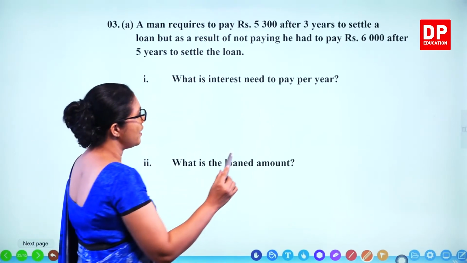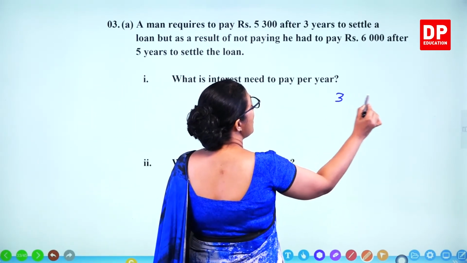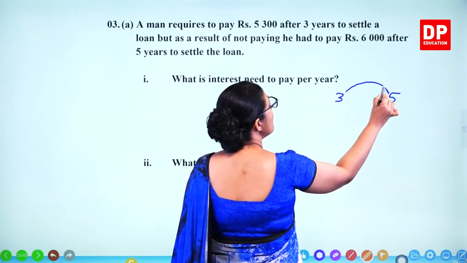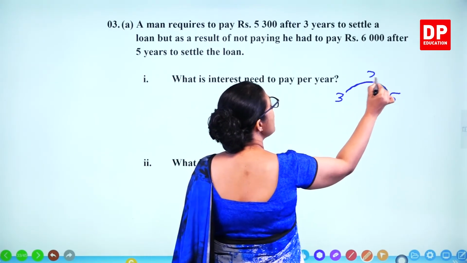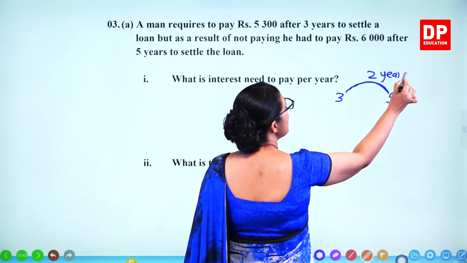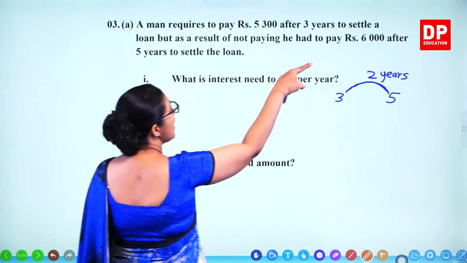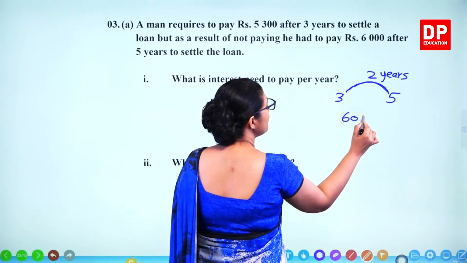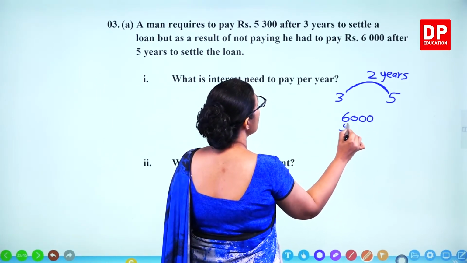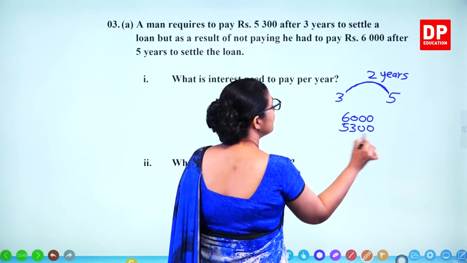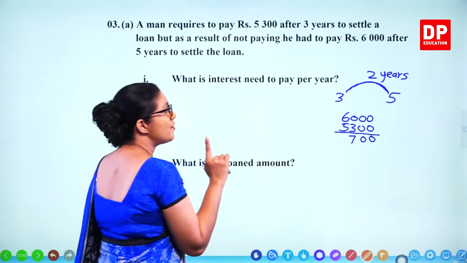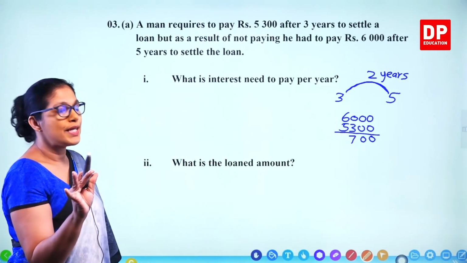So earlier 3 years, but now extended to 5 years. So for this difference of 2 years, what's the extra he had to pay? 6,000 minus 5,300. 700 rupees extra for 2 years.